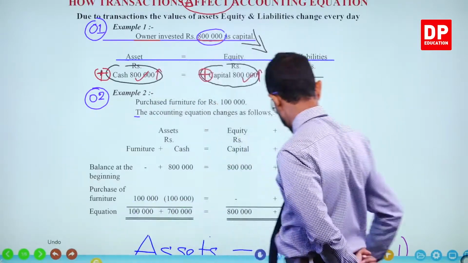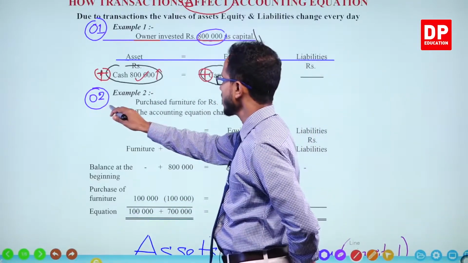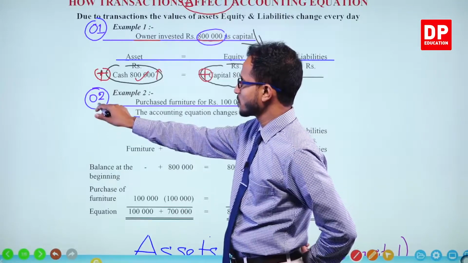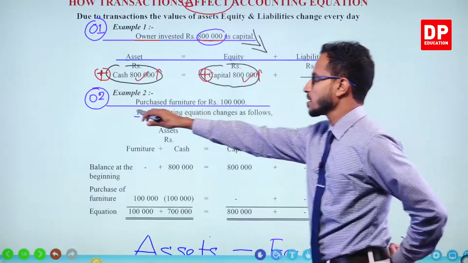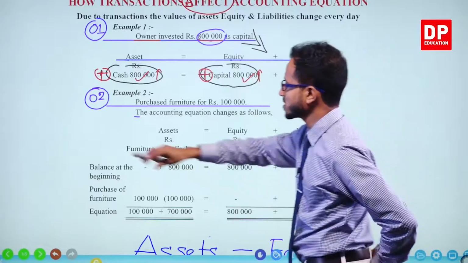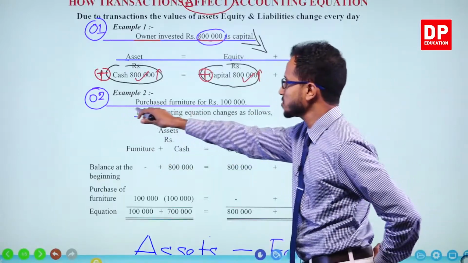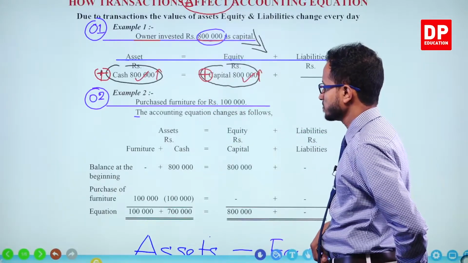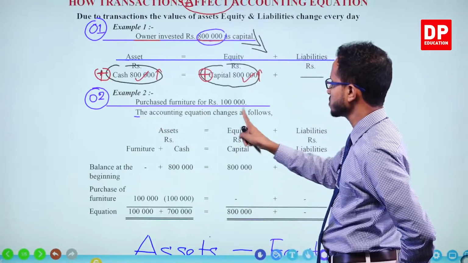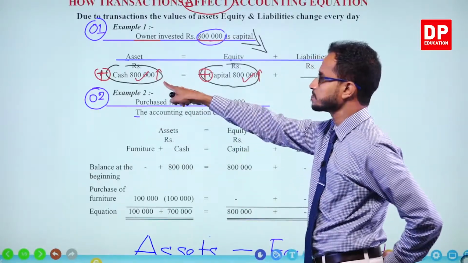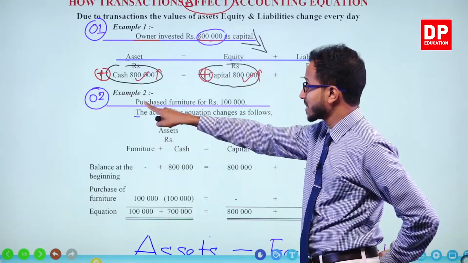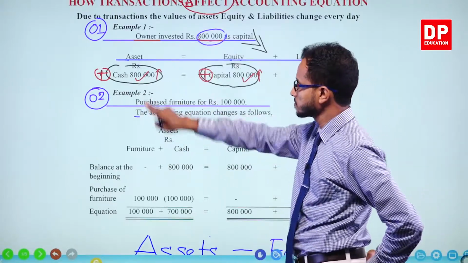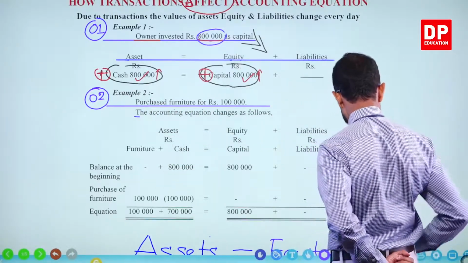I'm always very concerned about my lines, so I'm taking a straight line from number 2 and underlining the transaction. The transaction is this: purchased furniture for rupees 100,000. Let's see how it changes the accounting equation.